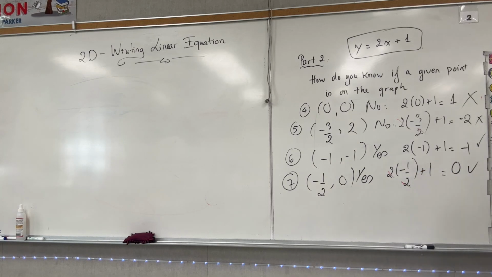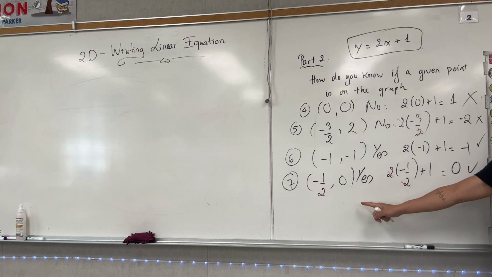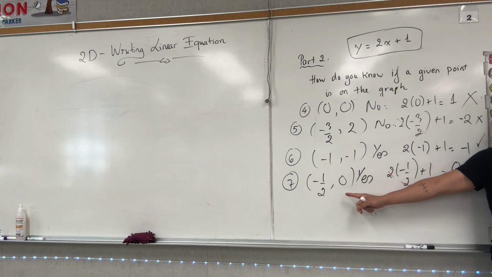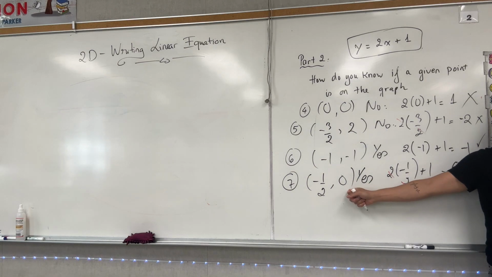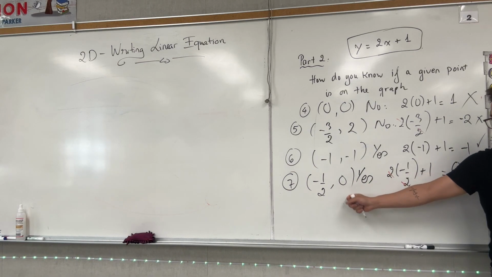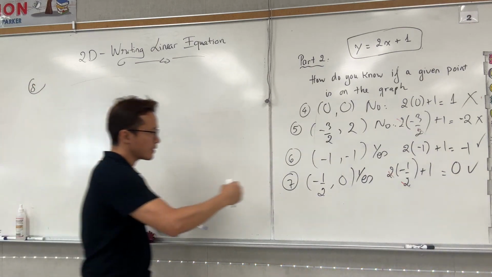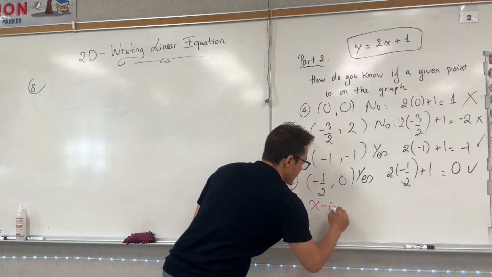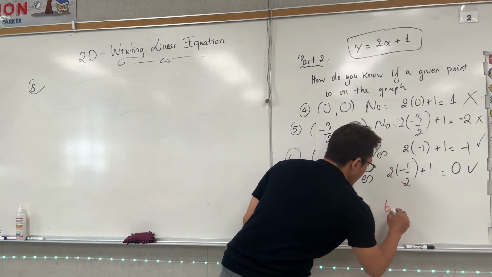Let's give 1 point for Dana. By the way, what is the name of this point? Is there anything special about this point? X-intercept, right? The x-intercept is when the y value is 0. So this is the x-intercept, because y is 0.